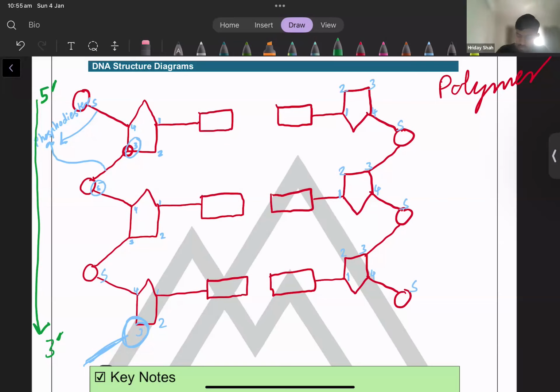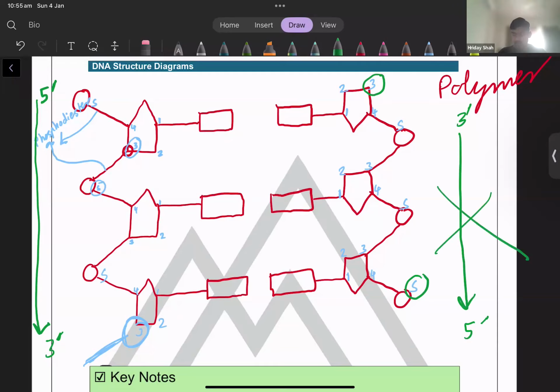Now, if I draw the arrows here, this is 3, this is 5. So we've got 3' on the top, and you've got 5' on the bottom. However, you cannot draw the arrow like this. This is wrong. Because we always read DNA from 5' to 3'. So you must draw the arrow going like this, 5' to 3'. That means the arrows are going in different directions.